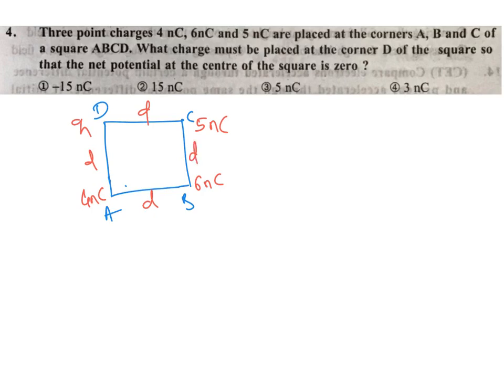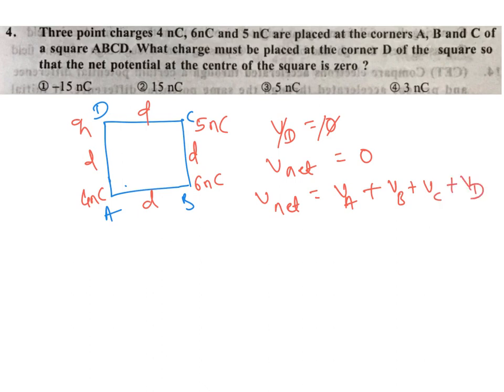So therefore the condition is that the net potential must be equal to 0. V net must be equal to potential at A plus potential at B plus potential at C plus potential at D. The question is to find the net potential at the center O, so V naught must be equal to 0.